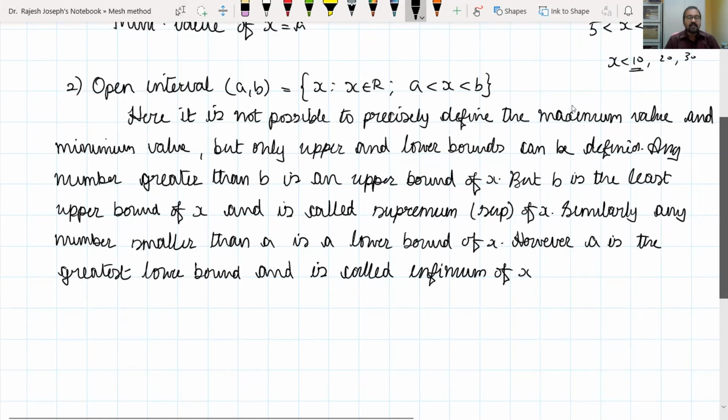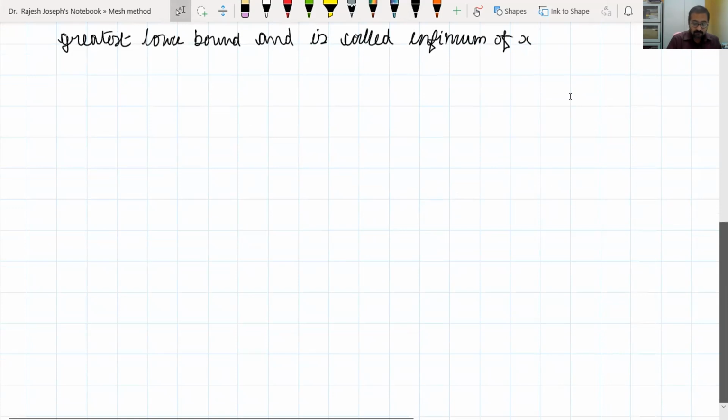That's the idea behind supremum and infimum. Now let's jump into norms.